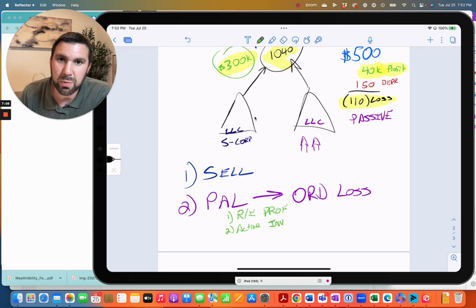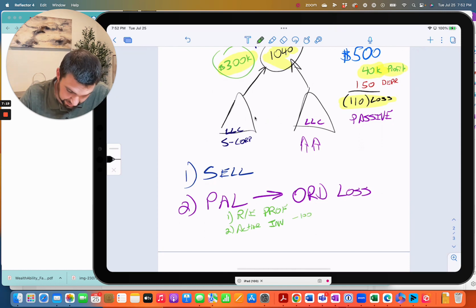I'm not going to get into the weeds here on the specifics, but just that works. Except there's a limit on income. So it's $100,000 of income is when you start to phase out of this, and at 150 you're totally phased out of it. And as long as you're $100,000 or less, you can take up to $25,000 in losses.